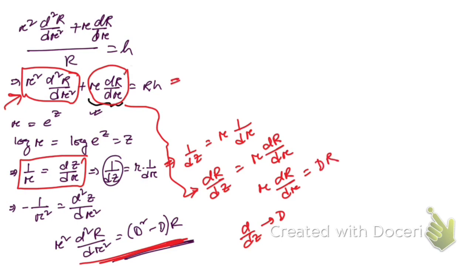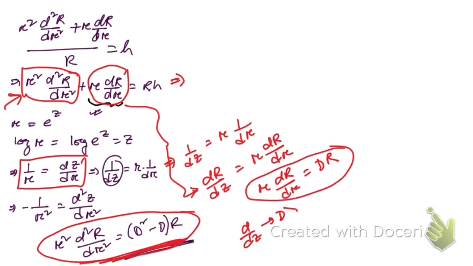So that's why this equation becomes, by using these two values, this equation becomes D square minus D into R, then plus DR is equal to r into h.